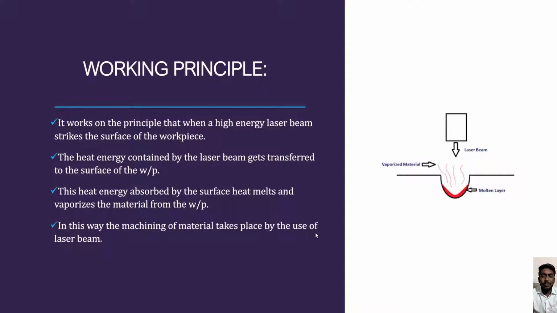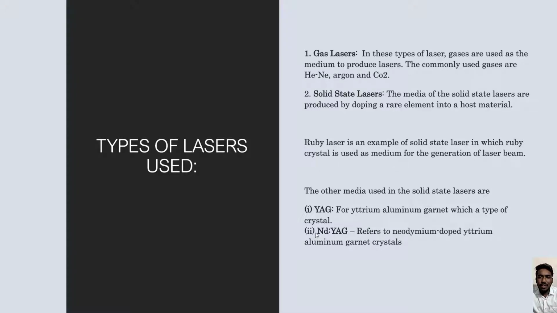Let us get into the types of lasers used. Here we broadly use two types of lasers: gas lasers and solid state lasers. Gas lasers use gases such as helium, neon, argon, carbon dioxide, etc., to produce the laser beams, and such laser beams are called gas lasers.